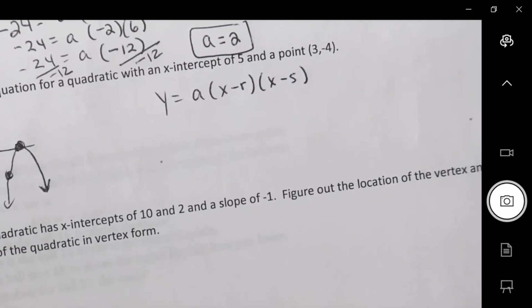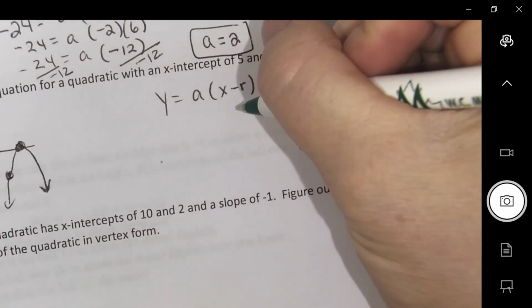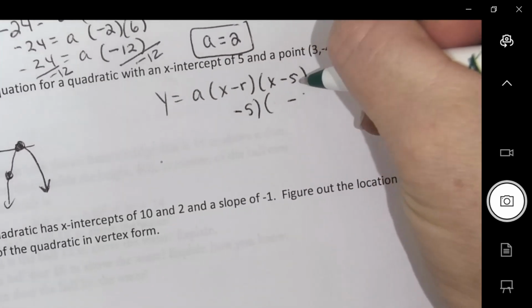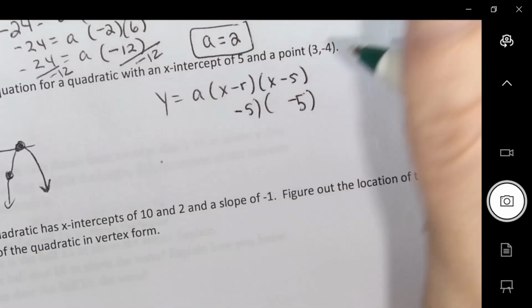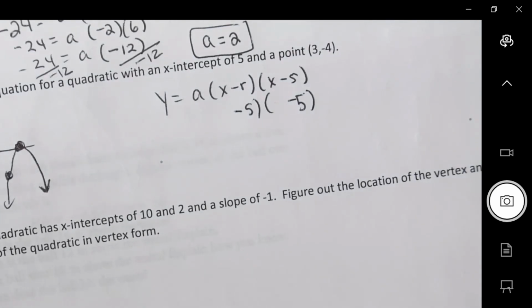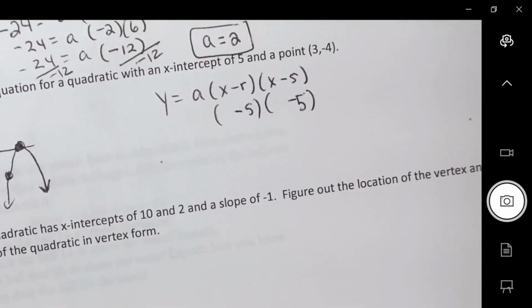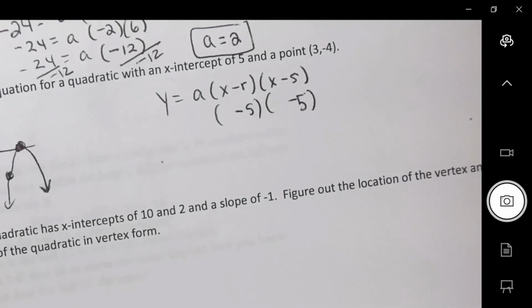Okay, when you have one x-intercept, it actually will have to be put in here repeated. Okay, and because it's a positive 5, I'm going to put in a minus 5. It's the only x-intercept, so I'm just going to put it into both spots. It will get doubled.